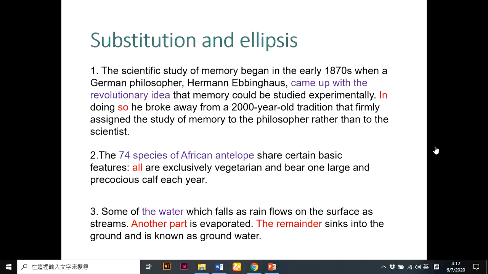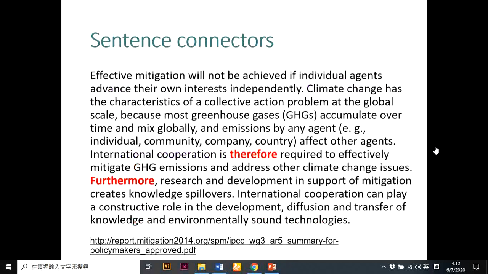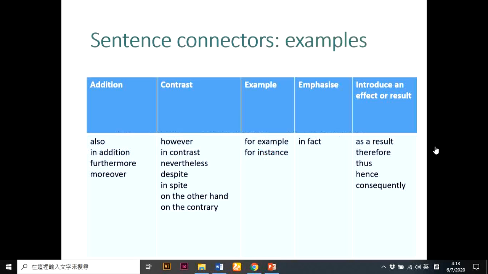Another way of creating cohesion between your ideas is to use sentence connectors. Examples are therefore or furthermore. And what I'm going to do is to show you different examples. These examples are grouped according to the function.